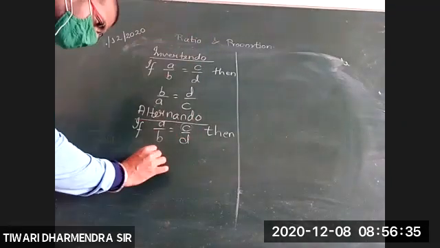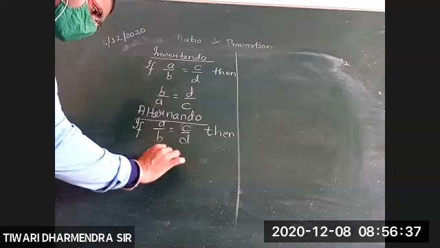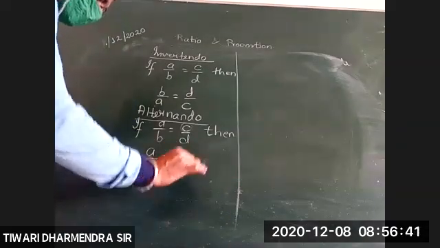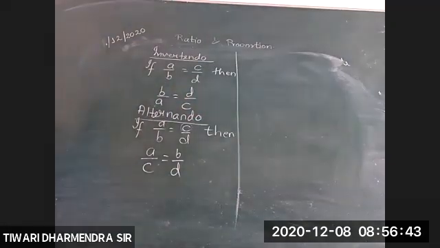That is A by C will become the same as B by D. Make a note of this. Very important operations which are very much required to solve practice set 4.3. We will do some examples so that we can understand this easily. So A by C is equal to B by D.